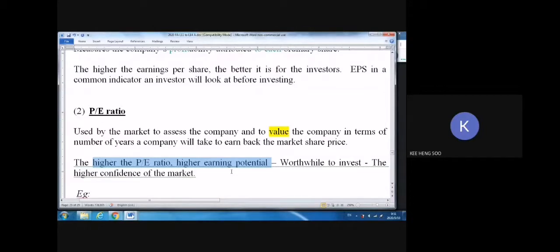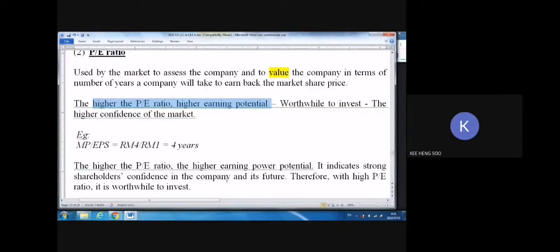I want to wait until the share price goes down. Clear? It depends on how you make your judgment. So higher PE ratio tells that higher earning potential, indicates strong shareholders' confidence in the companies and their future.